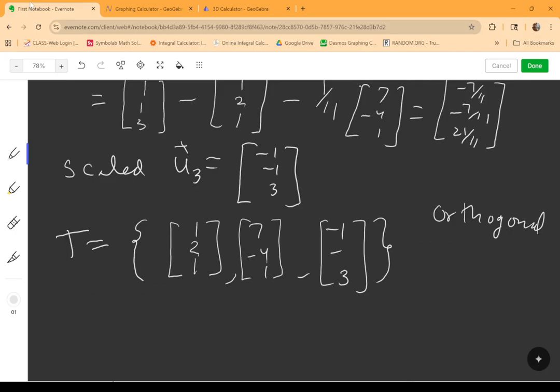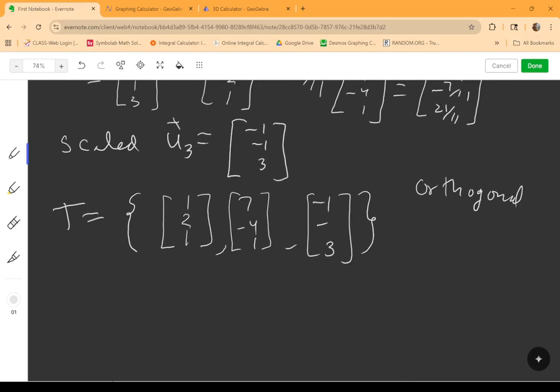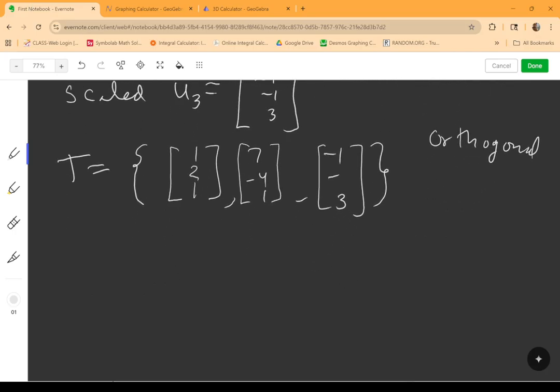Now they're not orthonormal. If I do want to take a step further and make these orthonormal, then I will take the norm of each one of these. So the norm of u1 would be the square root of 1 squared plus 2 squared plus 1 squared, which is root 6.